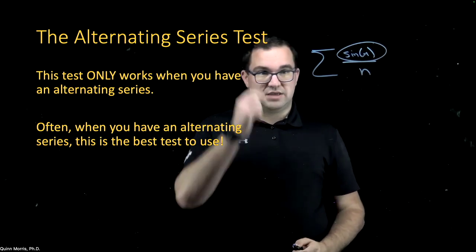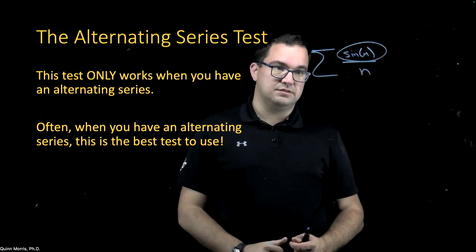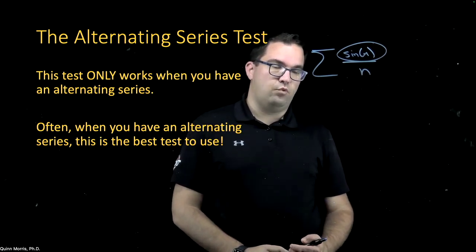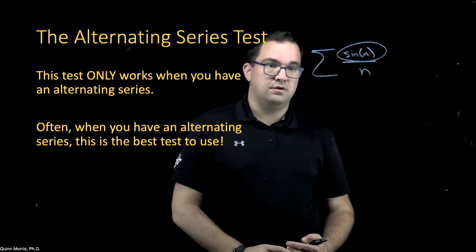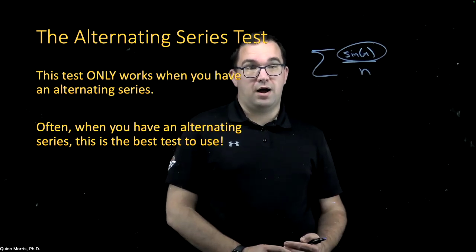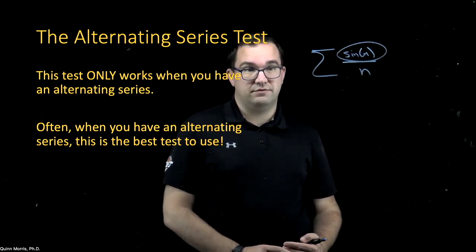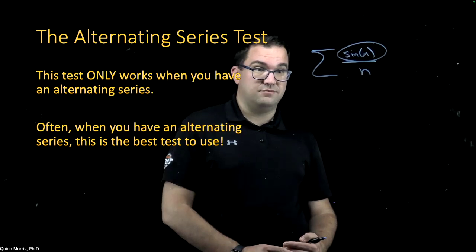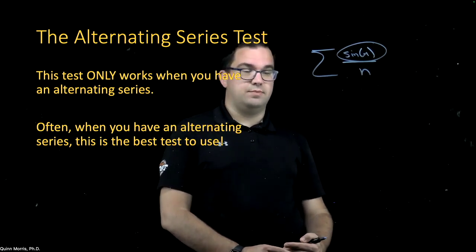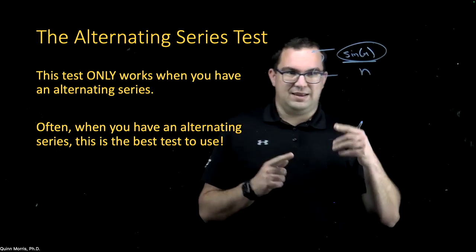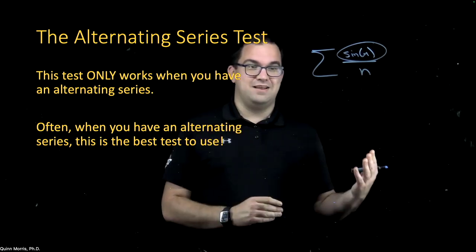So let's see, if n is in radians, then sine of 1 will be positive, sine of 2 will be positive, sine of 3 will be positive, sine of 4 will be negative, sine of 5 will be negative, sine of 6 will be negative. So it's not alternating, but it does include both positive and negative terms.